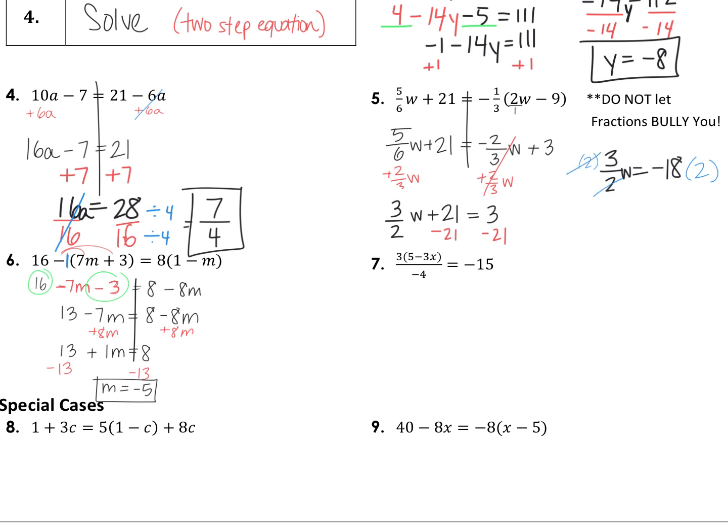You're not going to multiply 2 times 3 and get 6. So it is now 3W is equal to -36. So I undo the division, and now I will undo the multiplication by doing what? Divide. So we get -12.